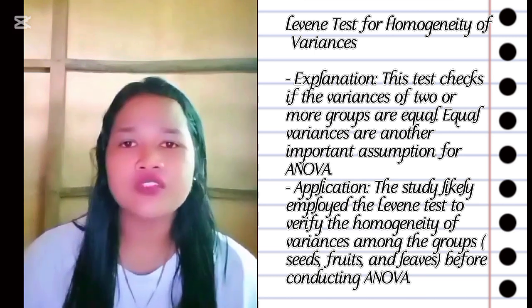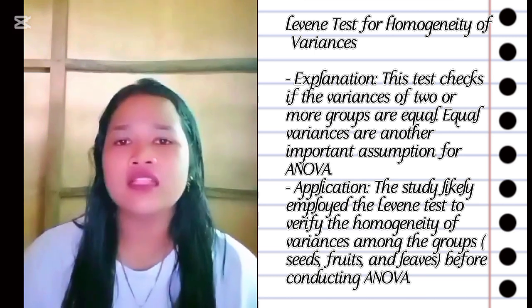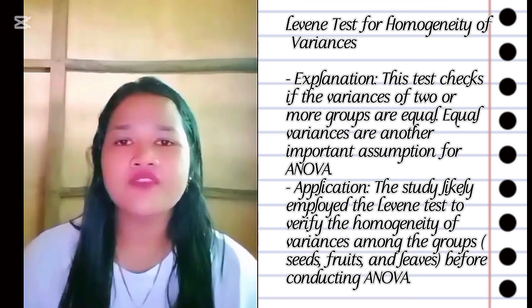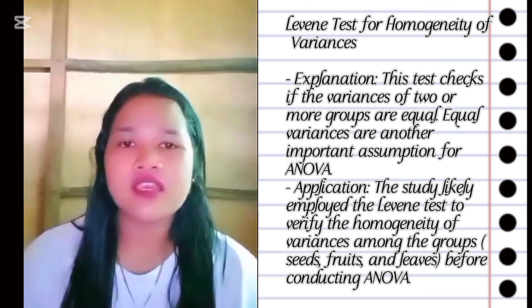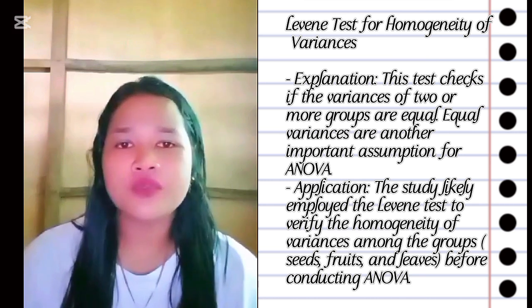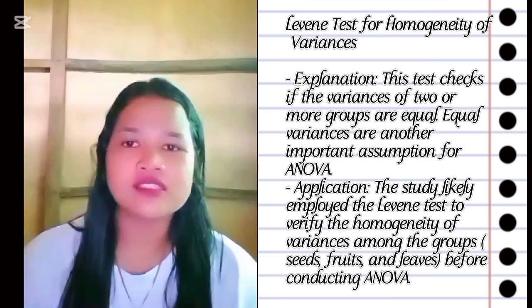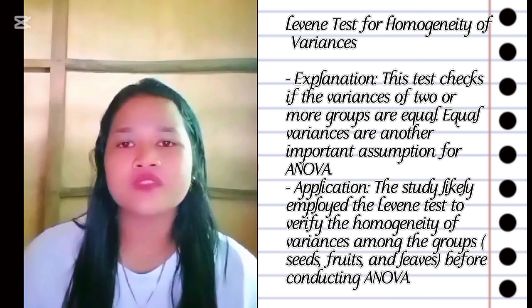Overall, the combination of these analysis techniques allows the researchers to identify significant differences. ANOVA and the Student Newman-Keuls test help determine which organs have significantly different nutrient compositions.